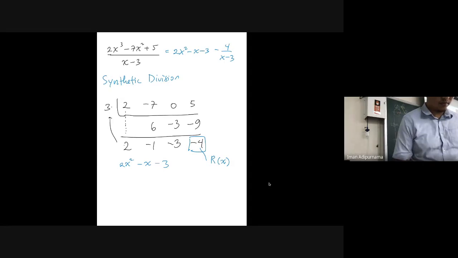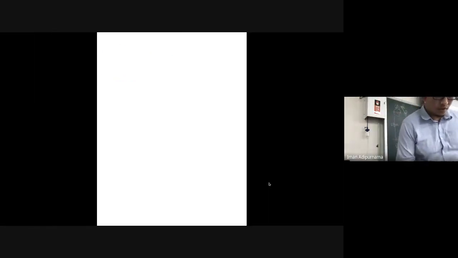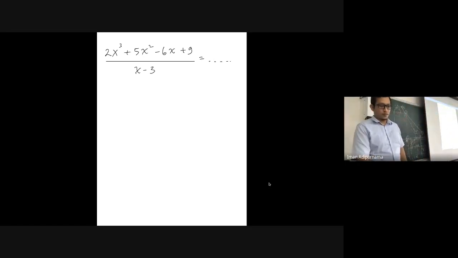Okay, the question is 2x cubed plus 5x squared minus 6x plus 9, divided by x minus 3. So you can use synthetic, you can use long division. If you finish, raise your hand.